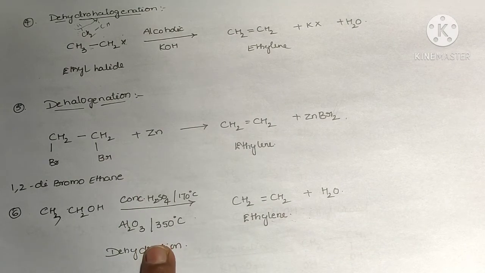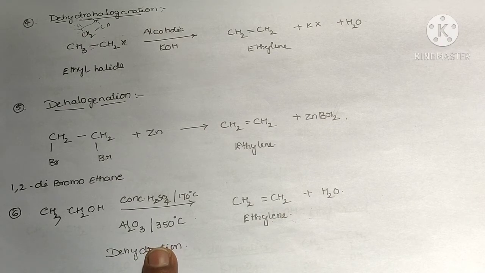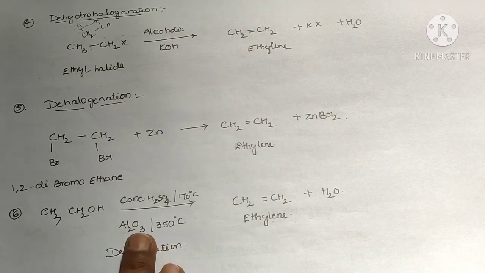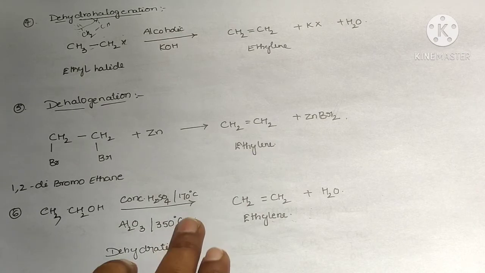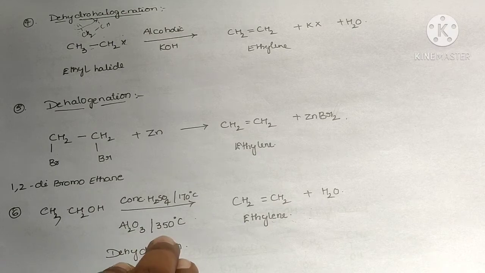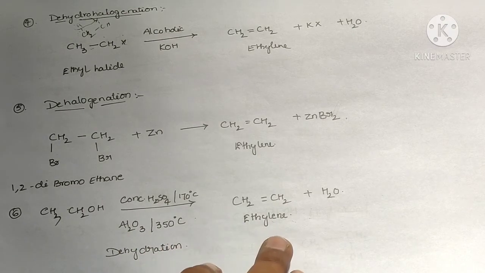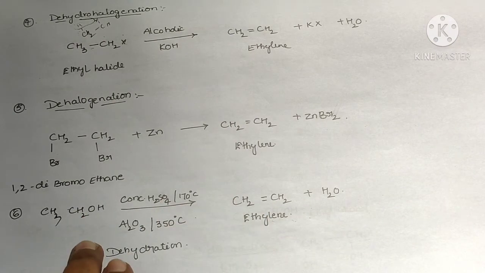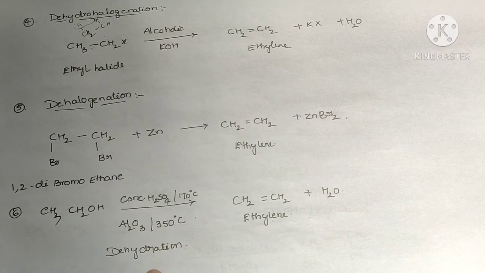We already know that concentrated H2SO4 is a dehydrating agent. Dehydration means removal of a water molecule from the original compound. So we add concentrated H2SO4 at 170 degrees centigrade and alumina Al2O3 at 350 degrees centigrade. It produces ethylene by removing a water molecule from the ethyl alcohol. So this process is called dehydration.